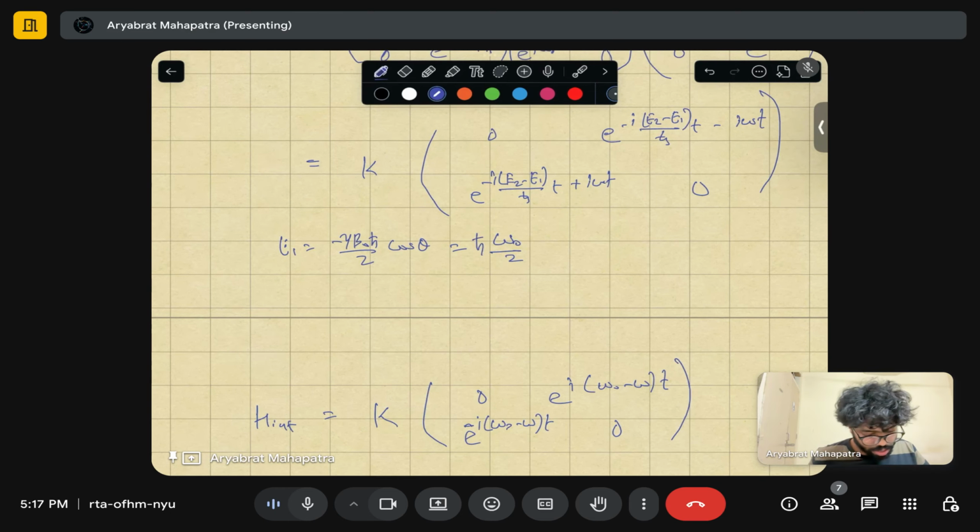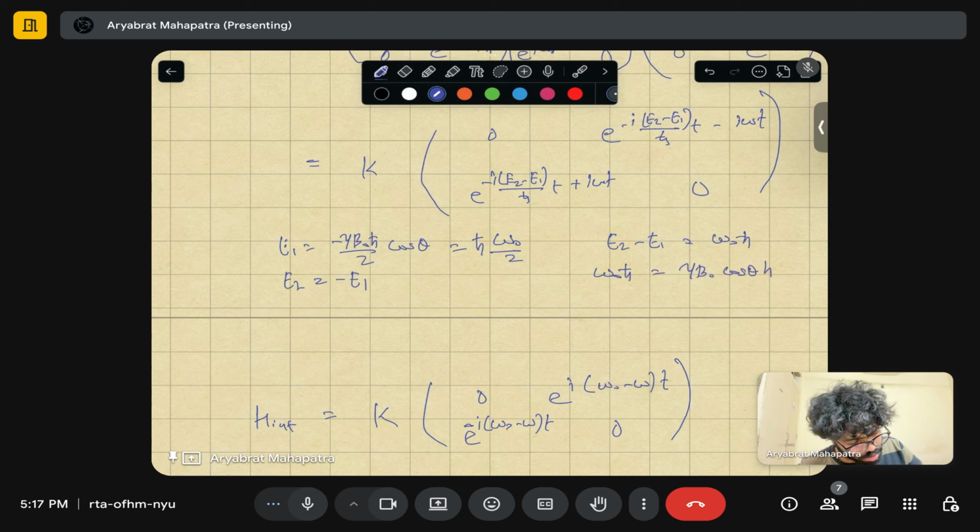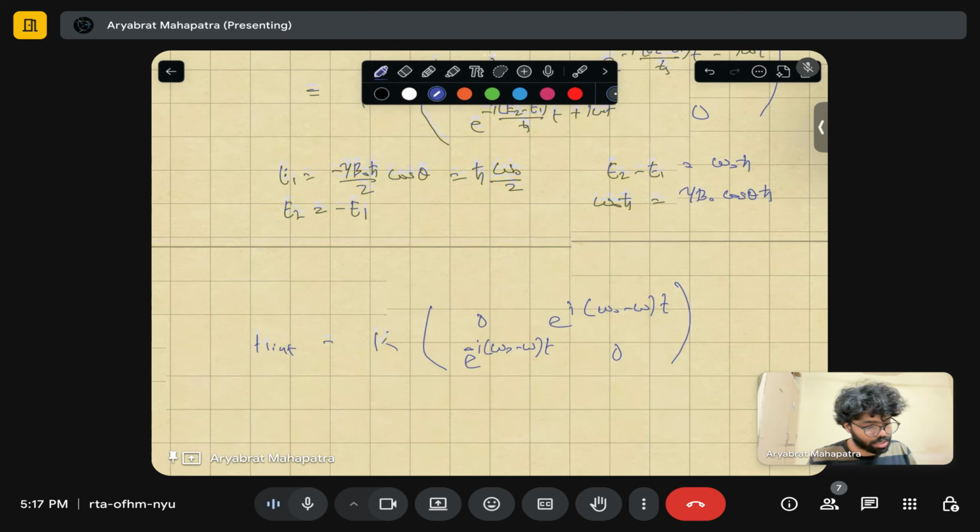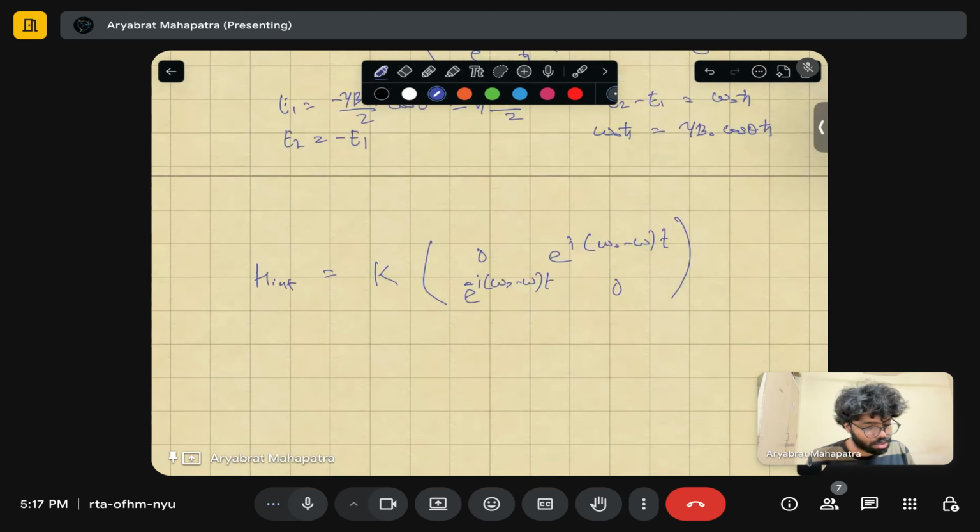So when I do e2 minus e1, it is omega naught h bar, because e2 is the negative of e1, right? So finally omega naught h bar is gamma b naught cos theta h bar. From there, this is what your final H int will come out to be.